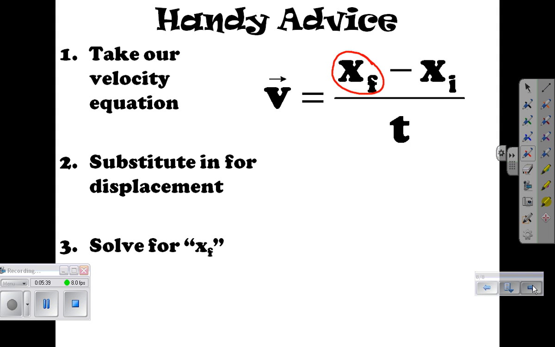Algebraically manipulate this so that XF is all by itself. I'm going to make it interesting for you.